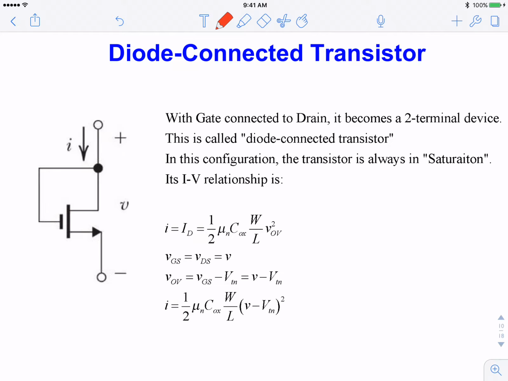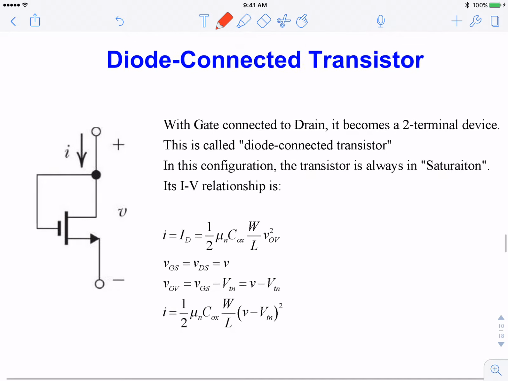If we don't apply an independent voltage to the gate, we simply connect it to the drain. So we produce this kind of artificial two-terminal device. The third terminal is tied to drain. So it's like a diode. So we often call this connection a diode-connected transistor. Okay, and this transistor is very easy to see.